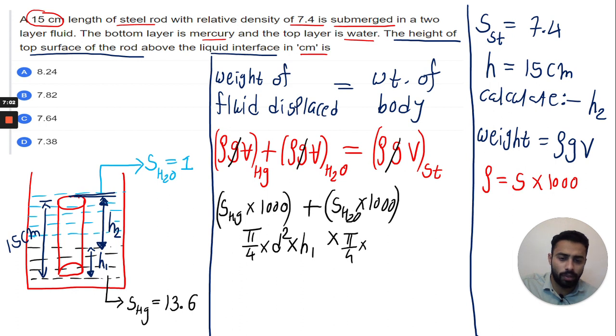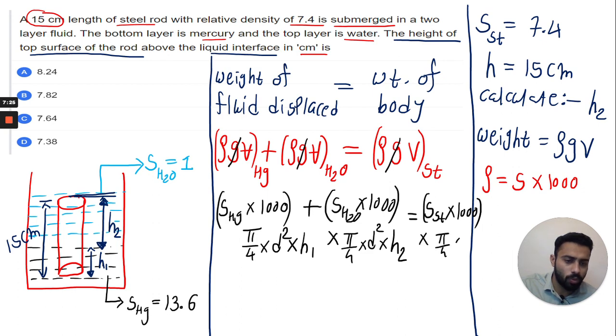So pi by 4 d square, and height of cylinder inside the water is H2, which is equal to the S of steel multiplied by 1000. This will become density, and what will be the volume of the steel rod? It is pi by 4 d square multiplied by the total height, that is H.